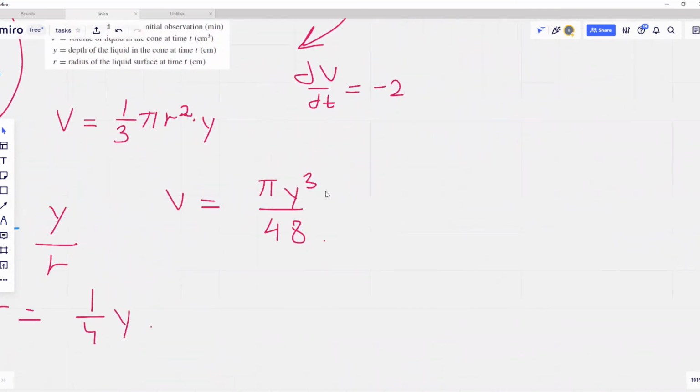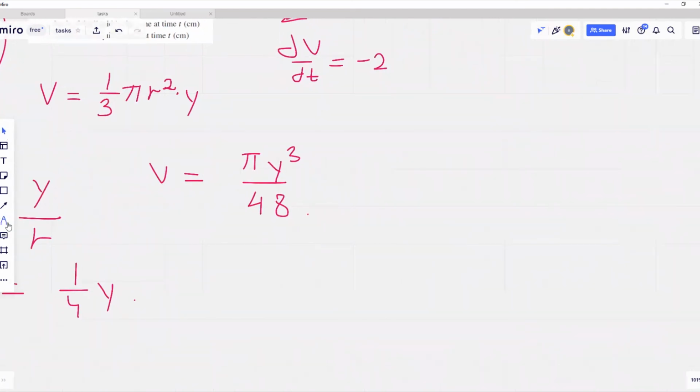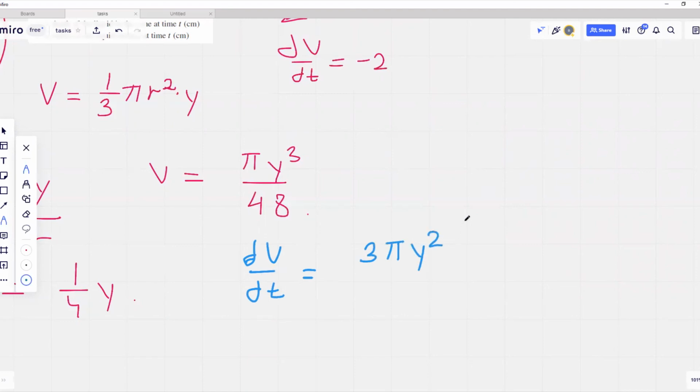Okay, now taking derivatives of both sides and expressing dy over dt in terms of other variables, we'll end up with dV over dt equal to 3 pi y squared dy over dt divided by 48.